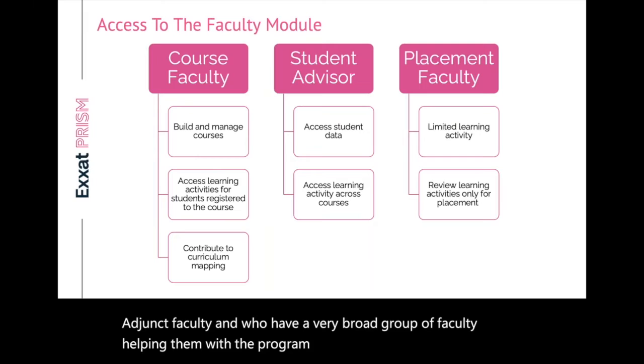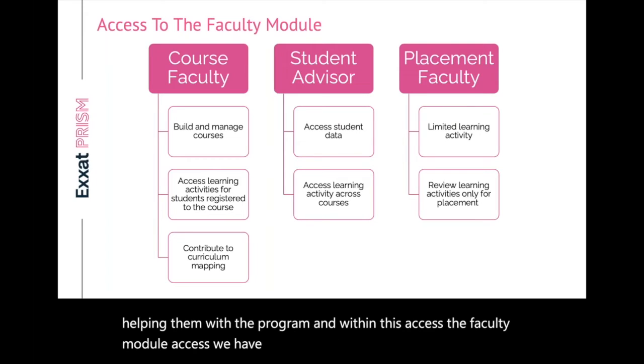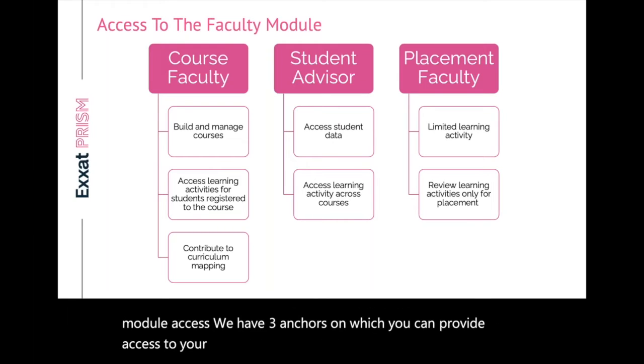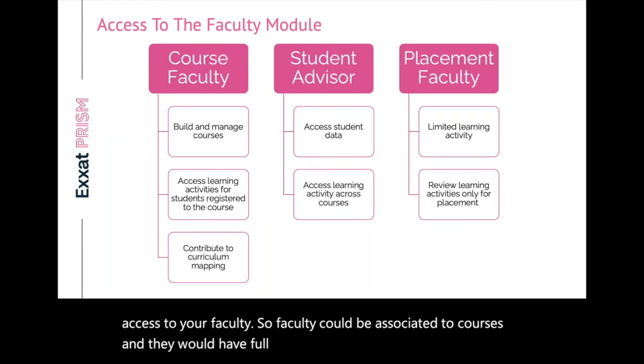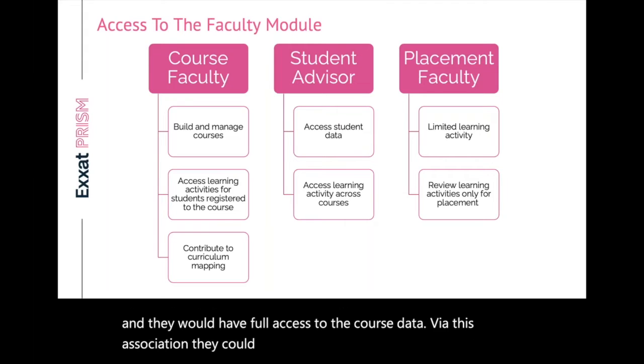Within the faculty module access, we have 3 anchors on which you can provide access to your faculty. Faculty could be associated to courses and they would have full access to the course data via this association. They could be acting as advisors or mentors to a group of students.